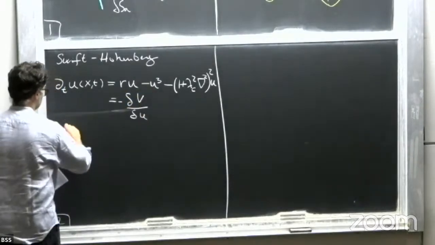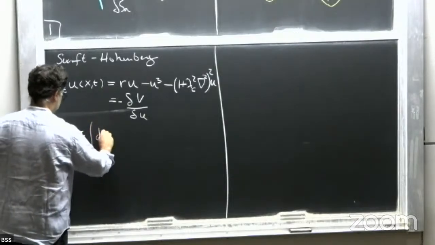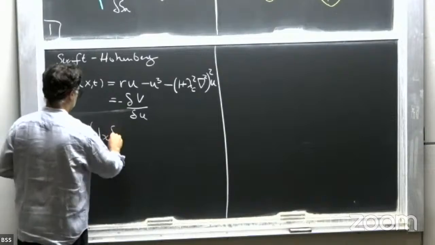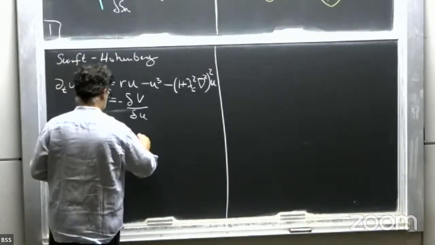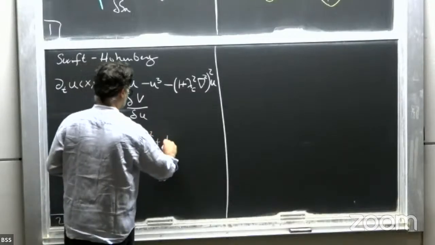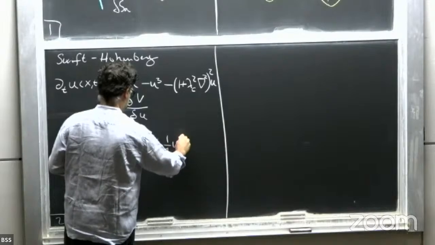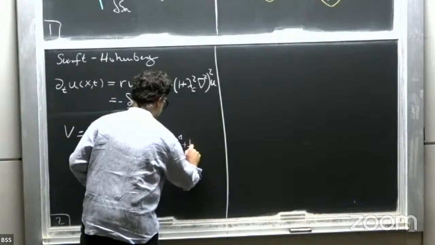And the potential V is equal to the integral dx of minus 1/2 U squared plus 1/4 U to the fourth. But the term that is most important is plus 1/2.